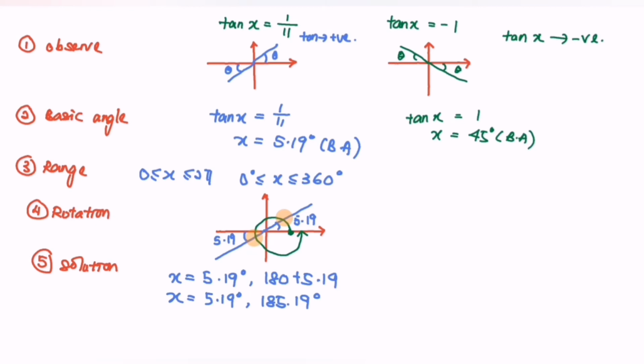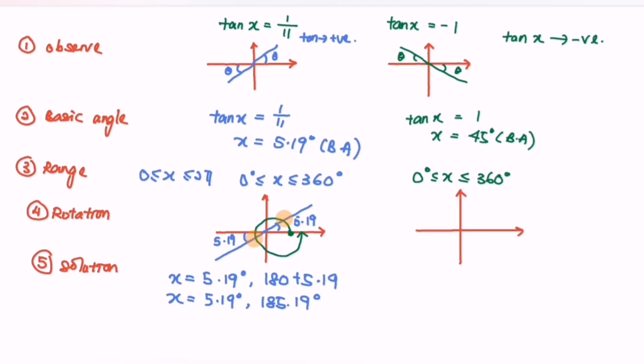Step number 3, determine the range. As usual, the range will be 0 degrees until 360 degrees. Next, step number 4, the diagram and the rotation. Given the basic angle in the second quadrant is 45 and the fourth quadrant also 45, we have the rotation start from 0 until 360, so we have two answers.